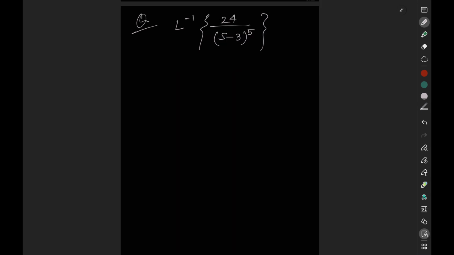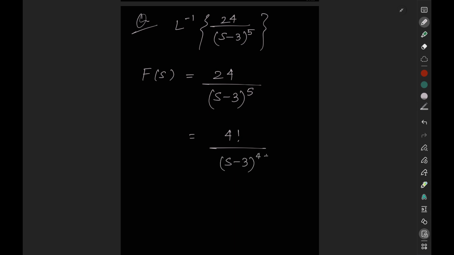Now let's see the Laplace inverse of 24 upon s minus 3 to the power 5. So the given function F of s is 24 upon s minus 3 to the power 5. This can be written as 4 factorial upon s minus 3 to the power 4 plus 1.